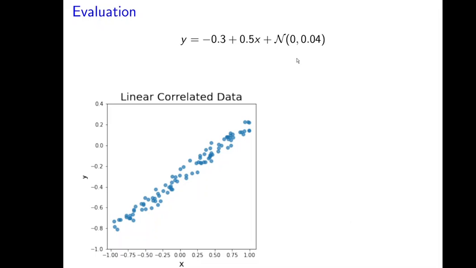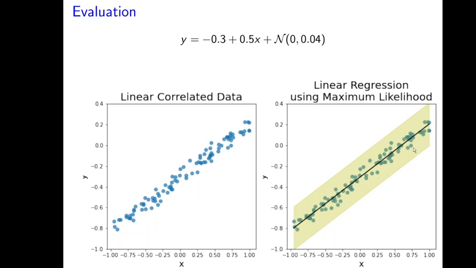So I have generated this synthetic data set with two variables, X as the regressor or the predictor variable and Y as the target variable, and this data set is defined by minus 0.3 as the bias, plus 0.5 as the slope of the linear relationship, times X, plus a noise parameter which is normally distributed around 0 mean and 0.04 variance.